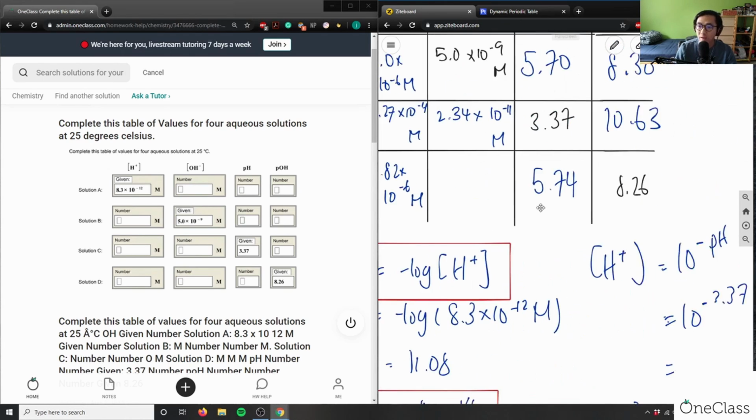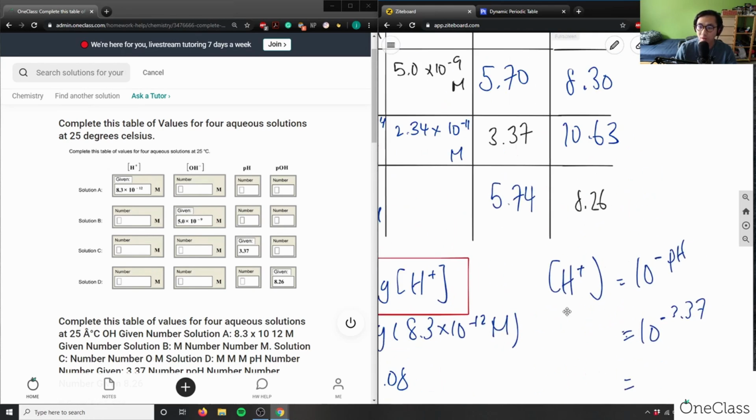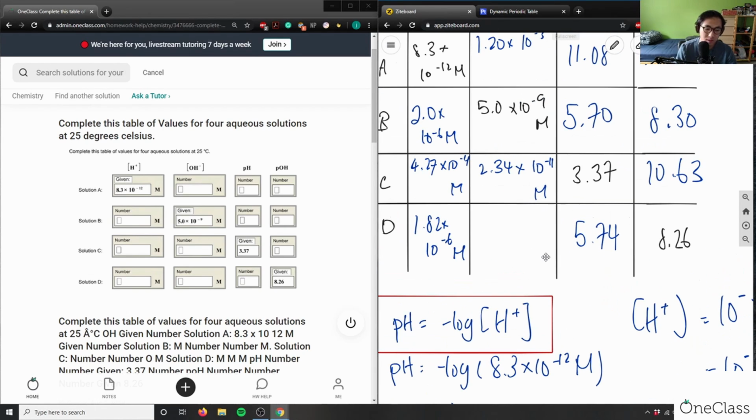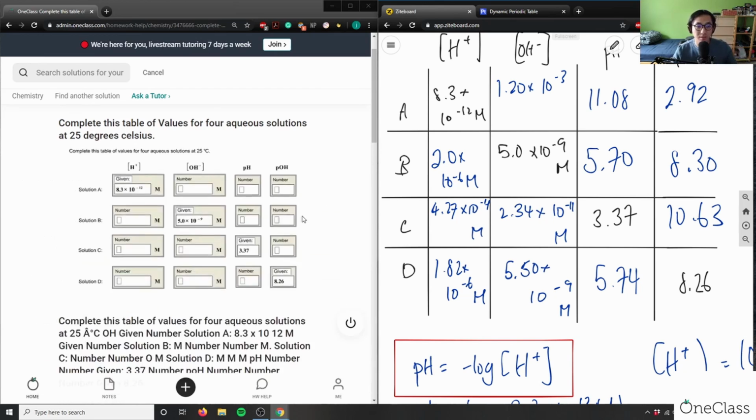And then finally, I can do 10 to the power of negative pOH, which is 8.26, to solve for my hydroxide ion, which is 5.50 times 10 to the power of negative 9 molars. So this here completes my entire table of these solutions.